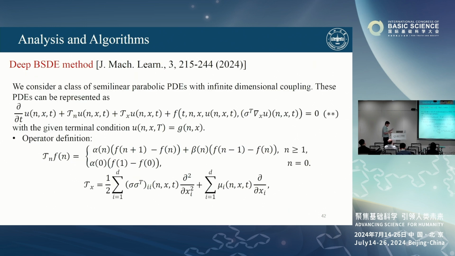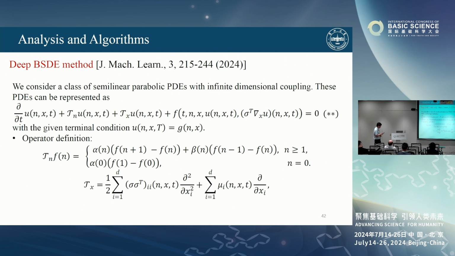Another case, as just mentioned, is for the classical method. For some cases, it's infinite dimensional. For example, the PDE is about diffusivity, and the stochastic process is Brownian motion with a random diffusion coefficient.